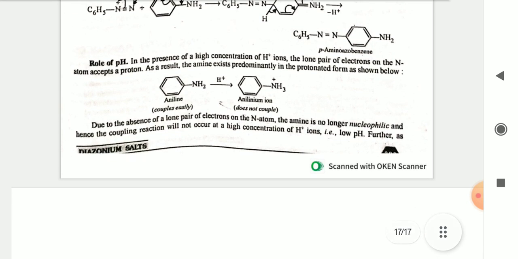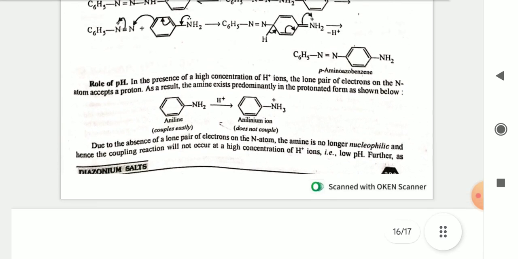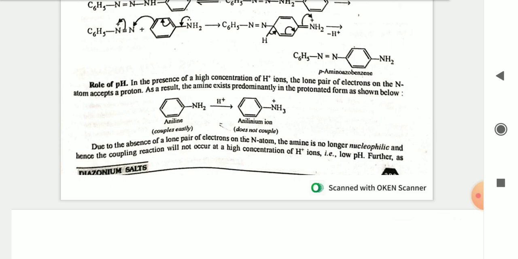Role of pH. In the presence of a high concentration of H+, the lone pair of electrons on the NH2 accepts a proton. As a result, the amine exists predominantly in the protonated form as shown below.